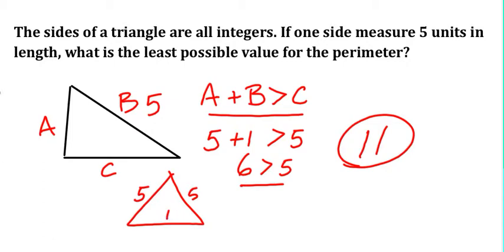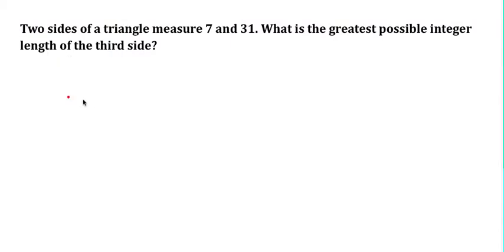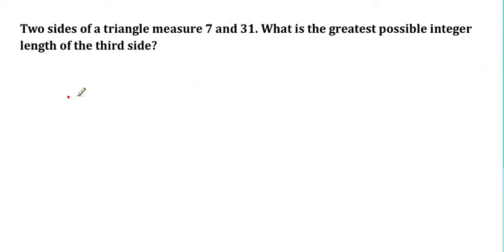Let's take a look at the next problem on my worksheet, and that says the two sides of a triangle measure 7 and 31. What is the greatest possible integer length of the other side? So let's do 7 and 31.